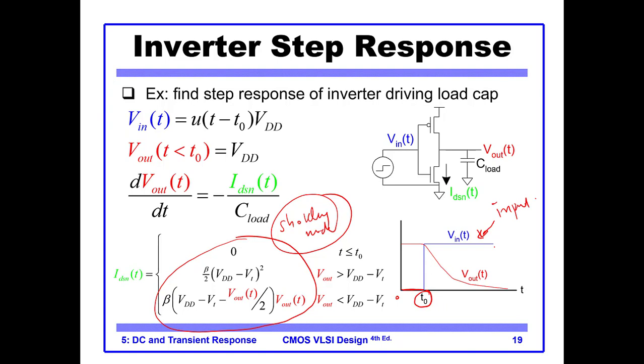Now what happens on our output side is that it is 1 when the input is 0, because this is an inverter, and when it switches to 1, the output drops slowly. Okay, the output drops slowly to 0, not directly.